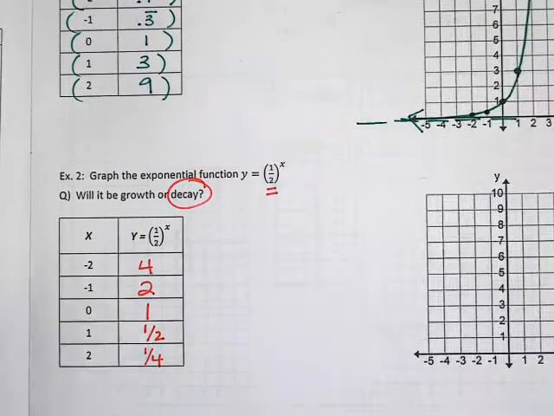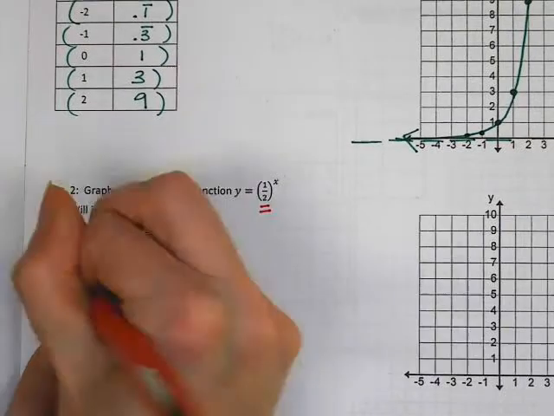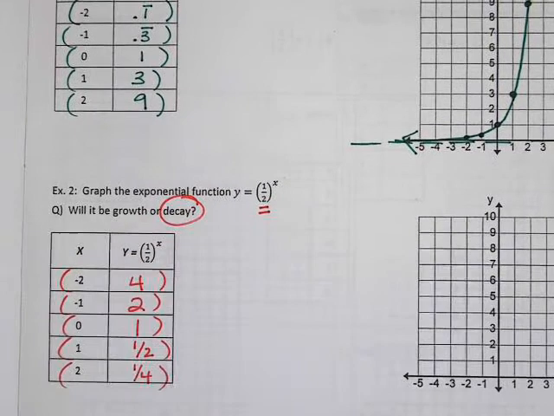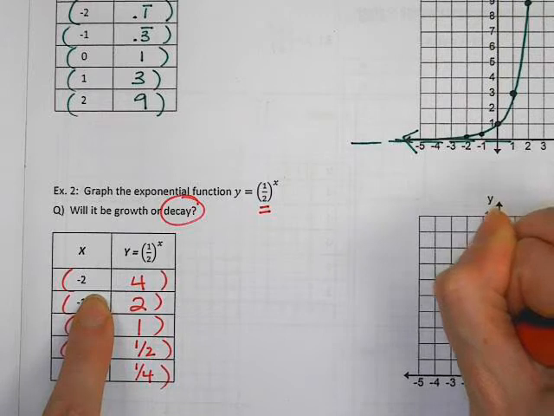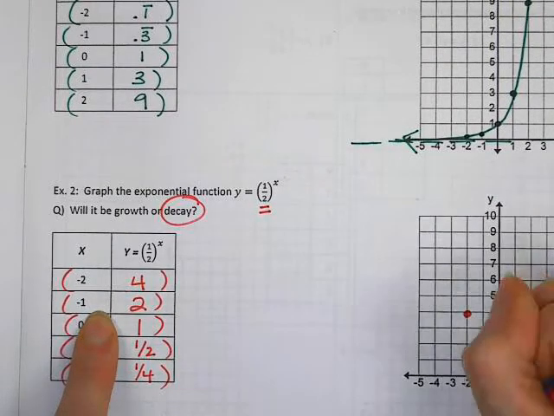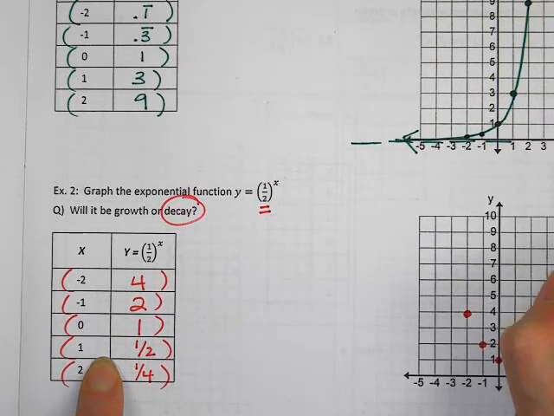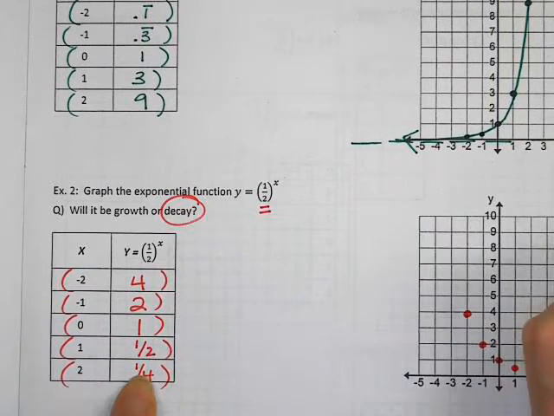Okay, let's do it. So plot these as ordered pairs. So x, y, x, y, x, y, x, y, x, y, and this should be a decay. So negative 2 comma 4, negative 1 comma 2, 0 comma 1, 1 comma halfway up, and 2 comma only 1/4 of the way up.